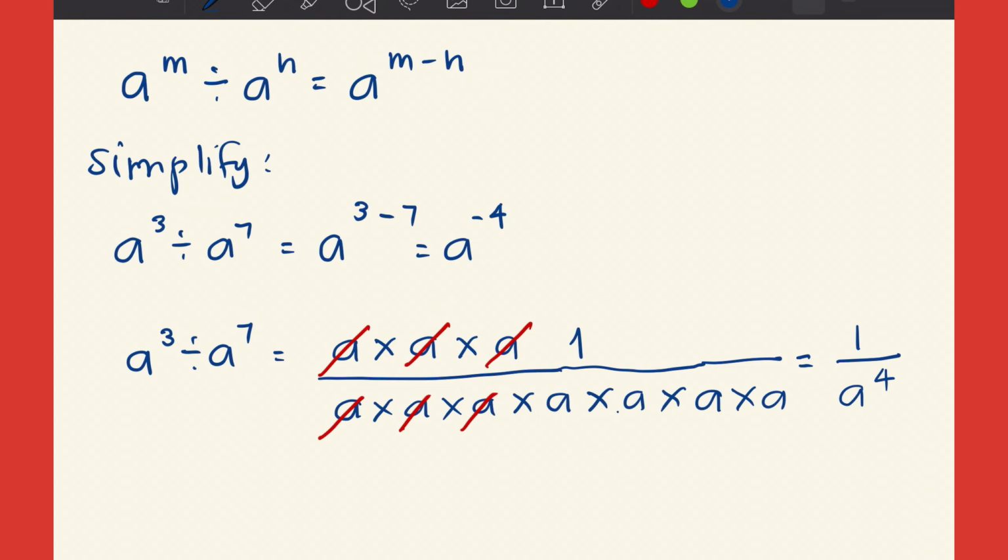So we have our general rule that a raised to the power of negative n equals 1 over a to the power of n.